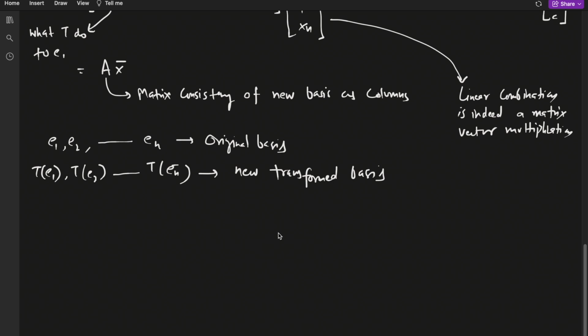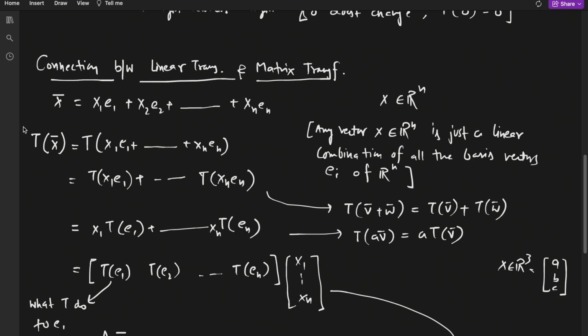Now what is the conclusion here? I started from T but I ended at A, right? I started by applying T on the vector X but I ended up having A and X as a product, which is matrix vector multiplication.